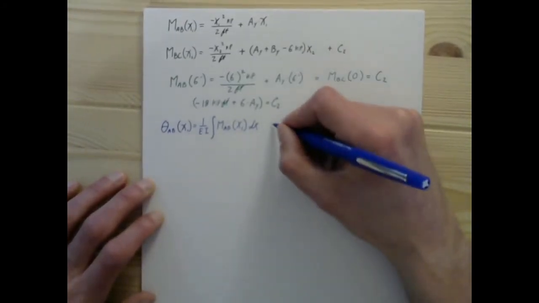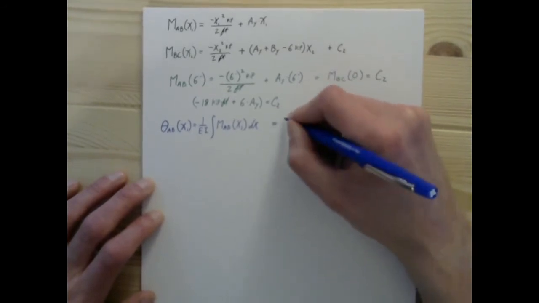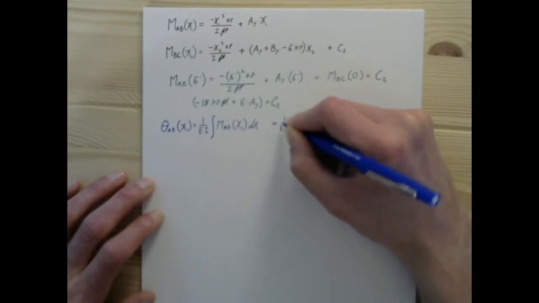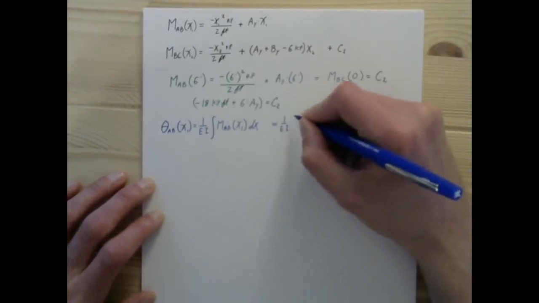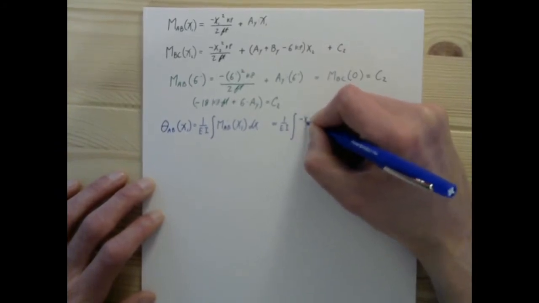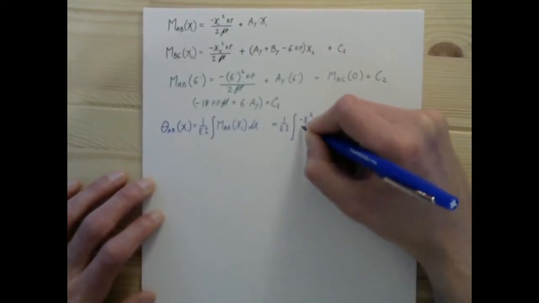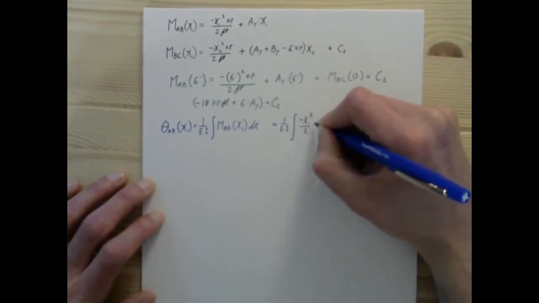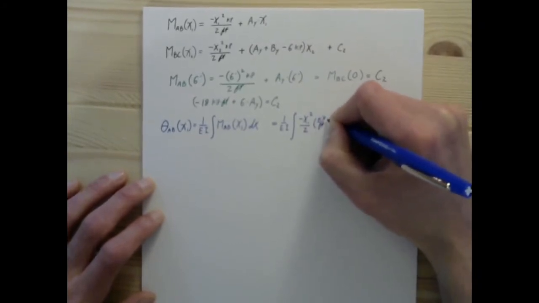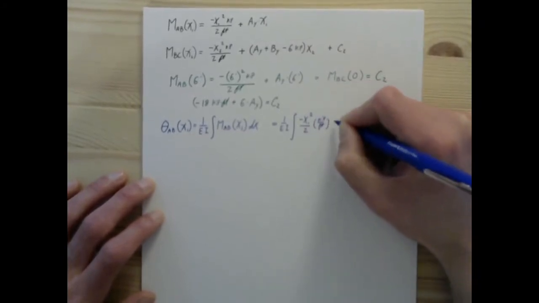For this one, that's pretty easy, right? That's going to be 1 over EI. We don't need to worry about this too much, it's a constant. So the integral of negative x1 squared over 2, and I'm just going to put the units out there this time. I think that's going to help.